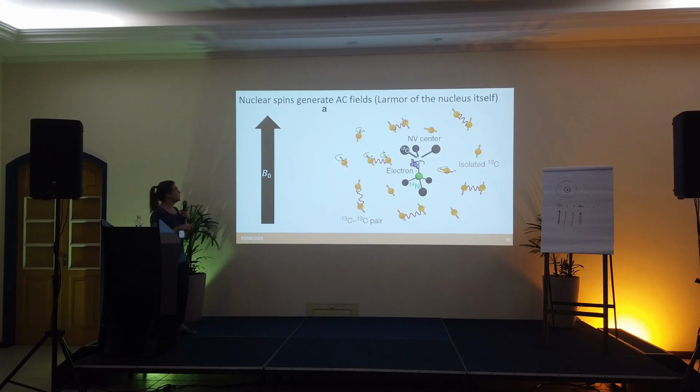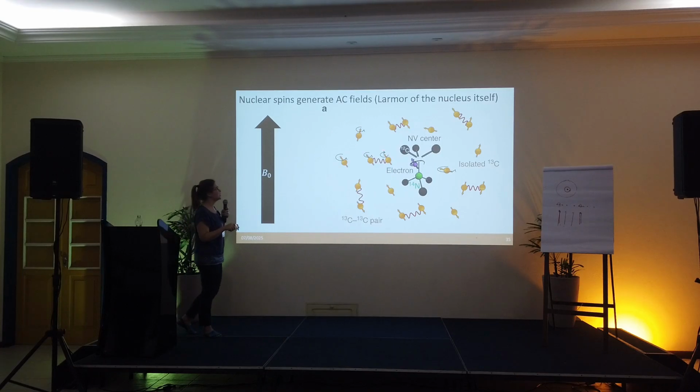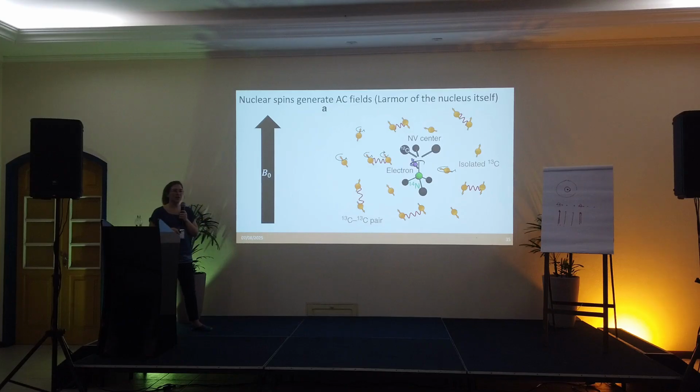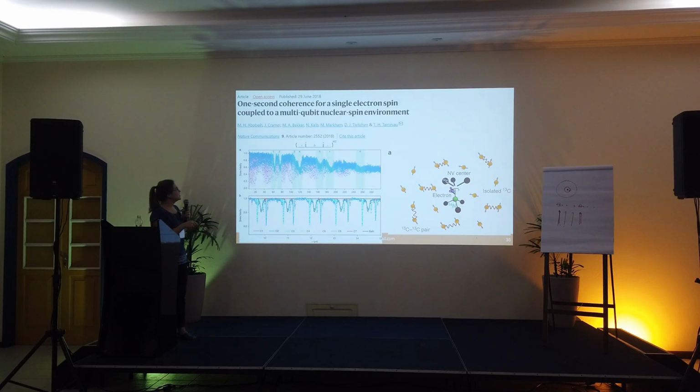And the evolution of these magnetic moments gives rise to an AC field that this electronic spin feels. It gives rise to a slowly varying interaction with a nuclear spin that is changing its direction over time. Right?